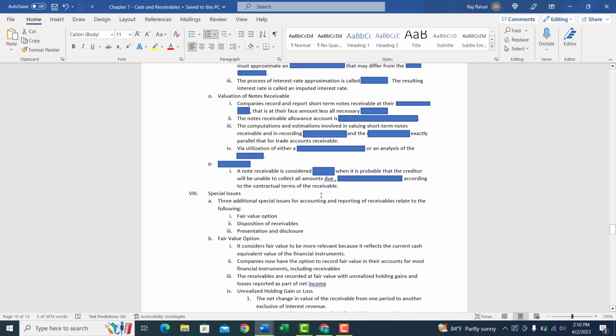So again, we're talking about the allowance method, not the direct method, and the allowance method is used for material values, which can be impaired. When they are impaired, you have to use the percentage of sales revenue or analysis of the receivables to calculate.